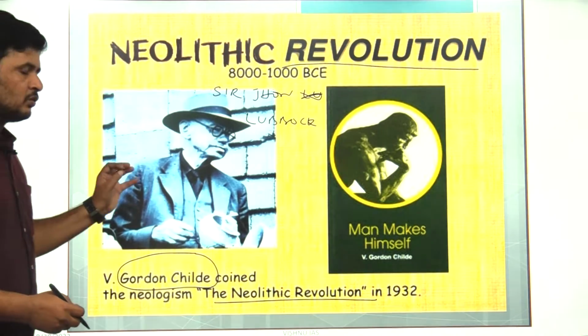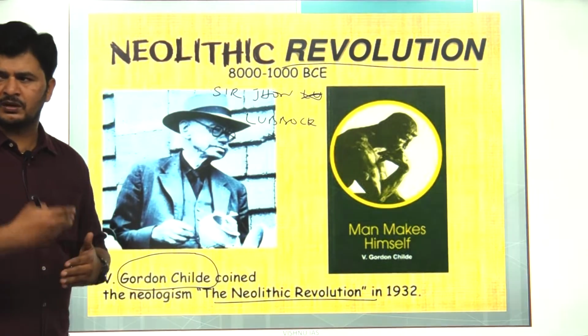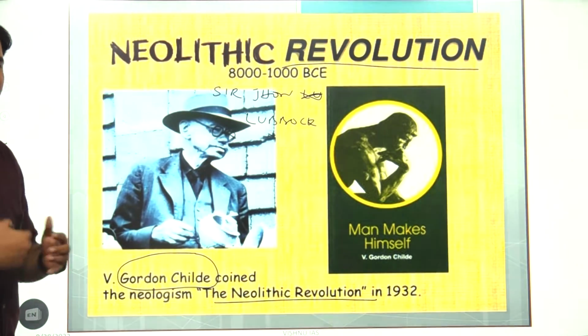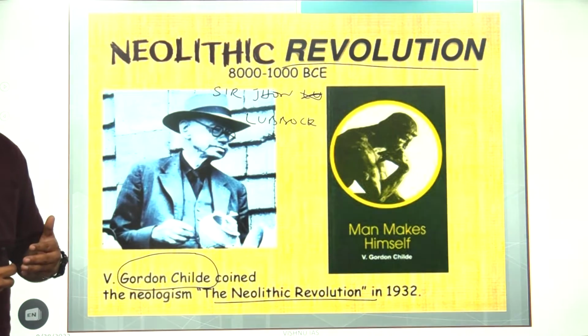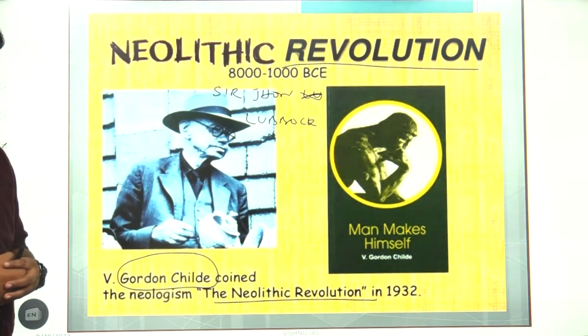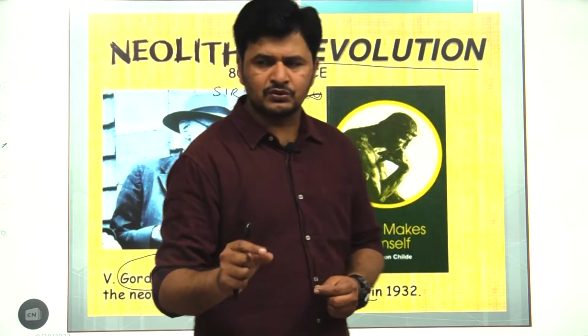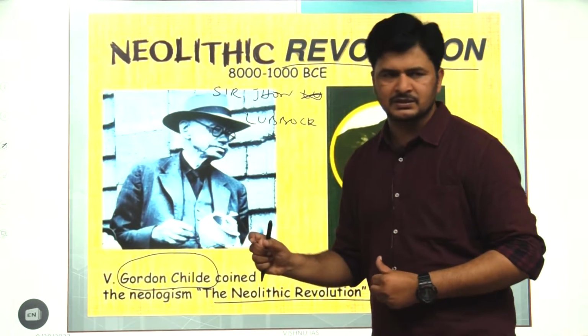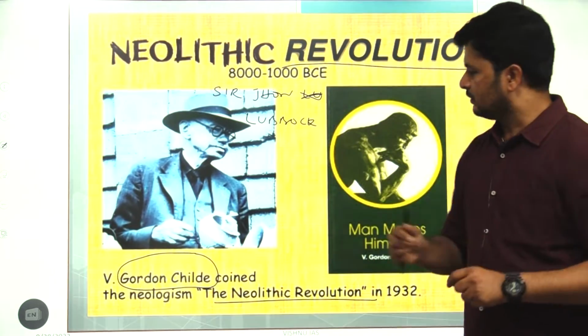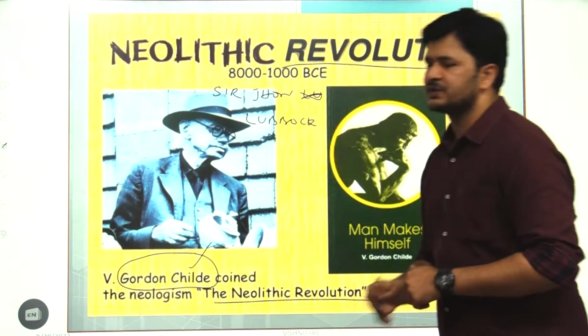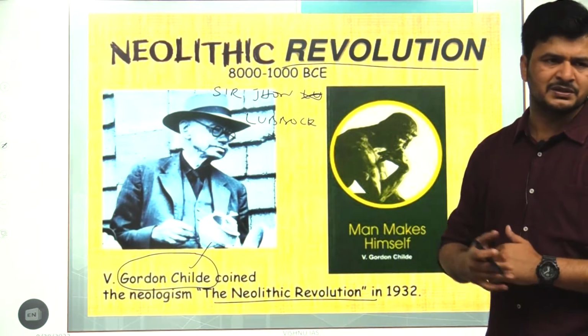It was the gentleman who coined the term Neolithic or New Stone Age cultures. If the question comes, the first scholar to use the term Neolithic cultures, no second thought, Gordon Childe, British archaeologist.